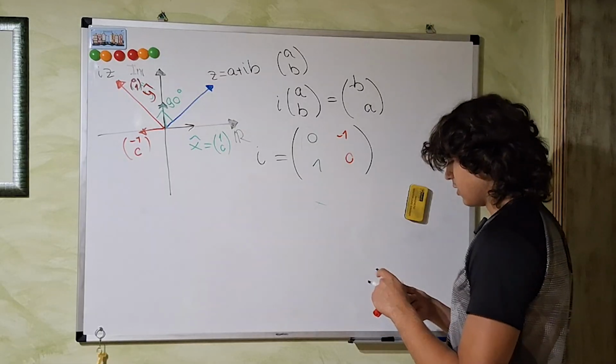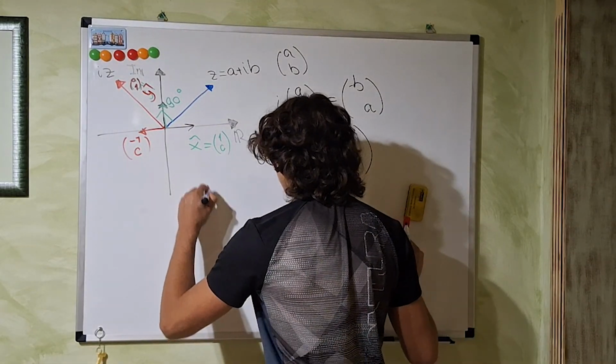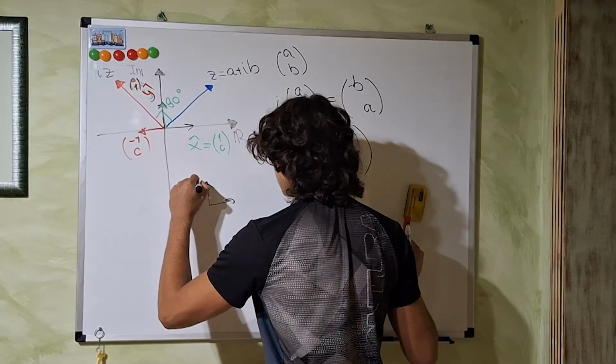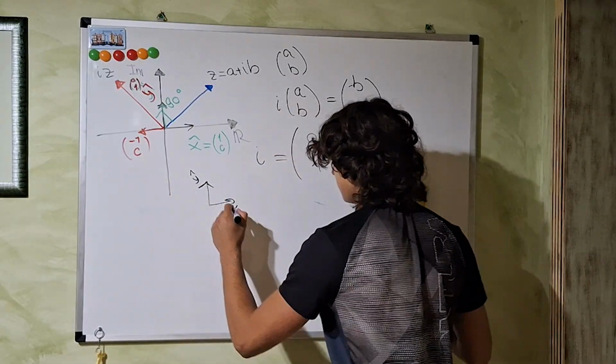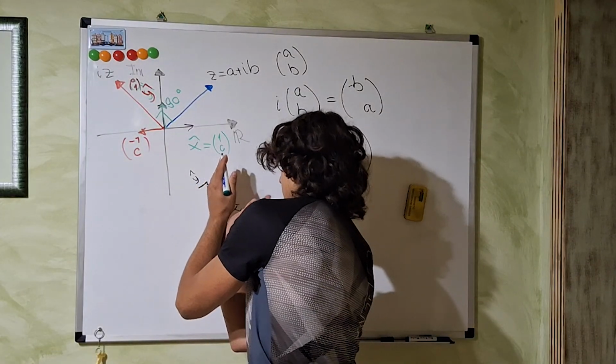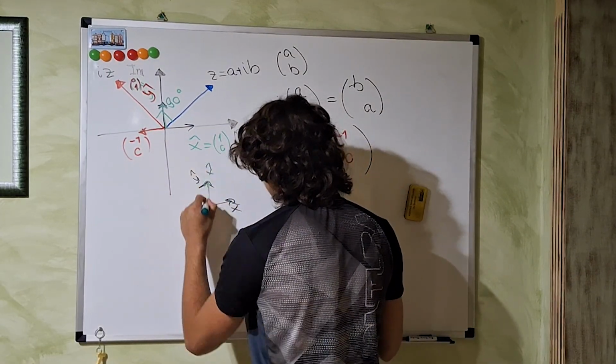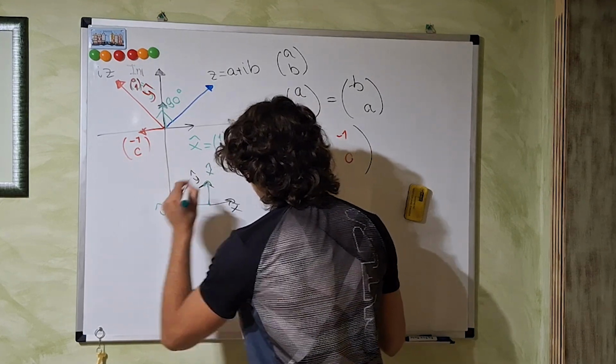i. Well, what if we apply this transformation twice? So this is the y vector, this is the x vector. Let's apply the transformation once: rotate this by 90 degrees, and this becomes x hat, and this becomes y hat.